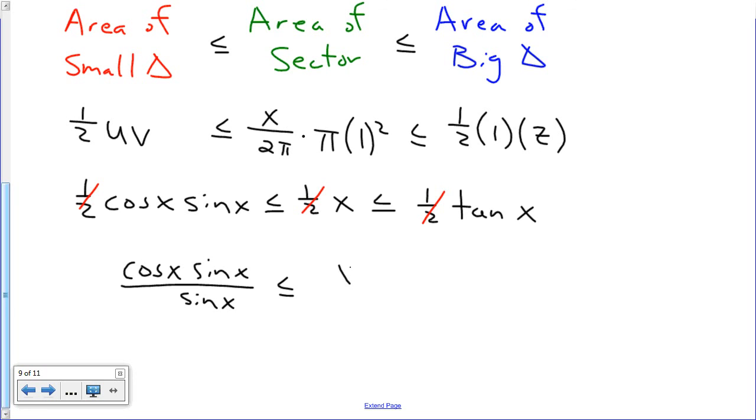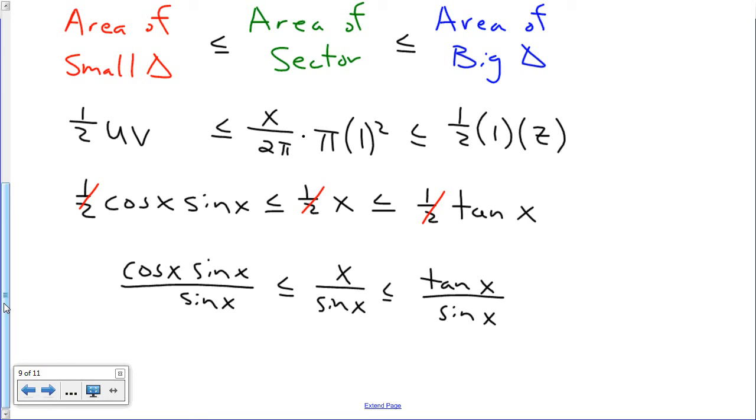I'll divide this middle term here by the sine of x. And I'll divide the last term here, which is tangent of x over the sine of x. Now, I don't quite have in the middle what I wanted. I wanted sine of x over x, but I have the reciprocal of it, so we're close.